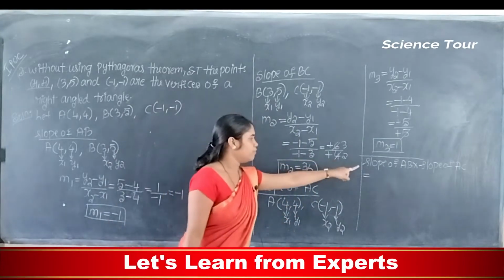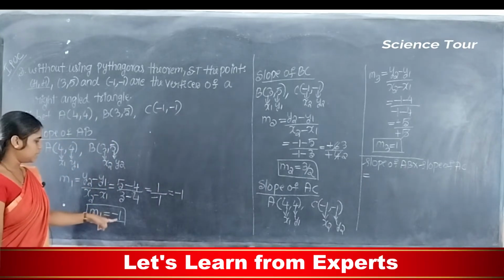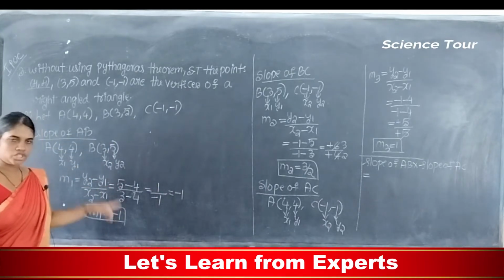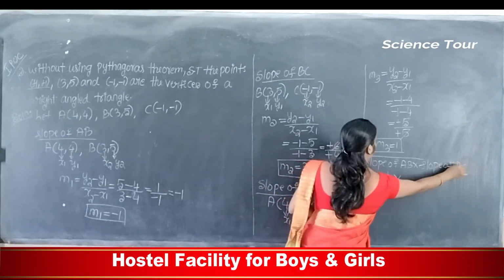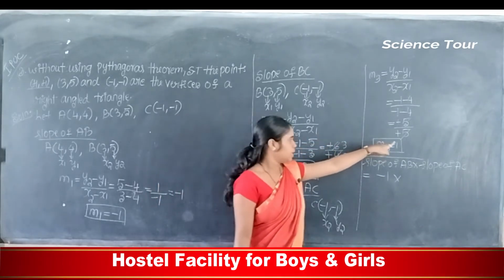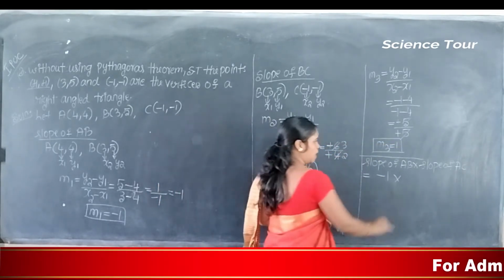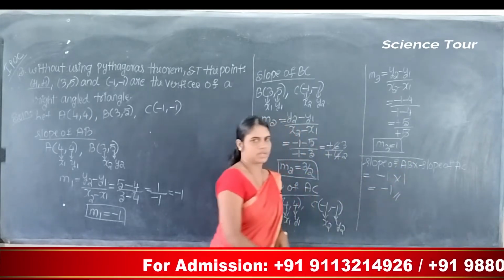What is the value of slope of AB? Slope of AB is nothing but m1. m1 is equal to minus 1, into slope of AC. Slope of AC is nothing but m3. m3 is equal to 1. So minus 1 into 1 is nothing but minus 1, isn't it?